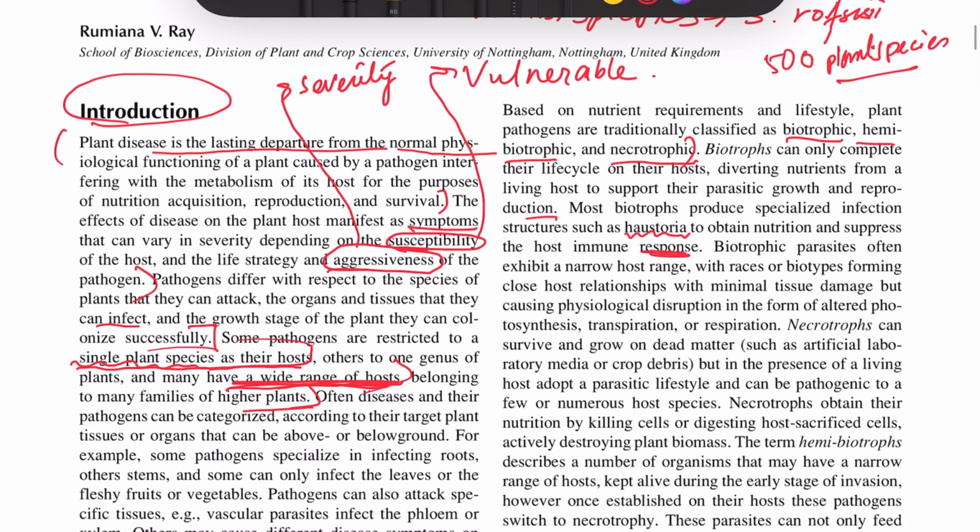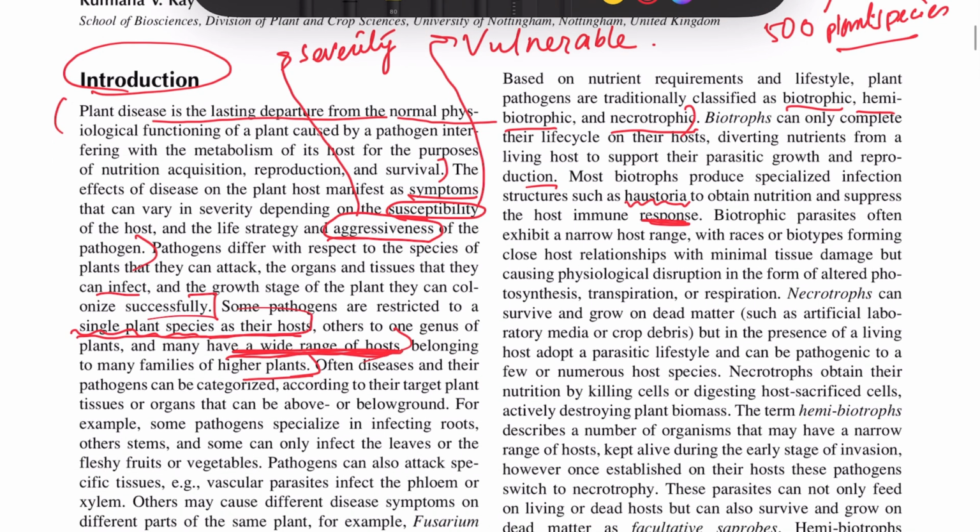After that, we have necrotrophs. Necrotrophs can survive and grow on dead matter, such as artificial laboratory media or crop debris, but in the presence of a living host adopt a parasitic lifestyle and can be pathogenic to a few or numerous host species.